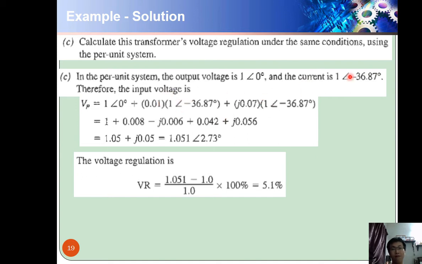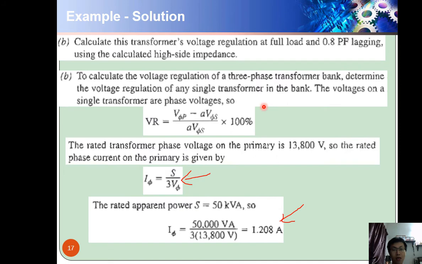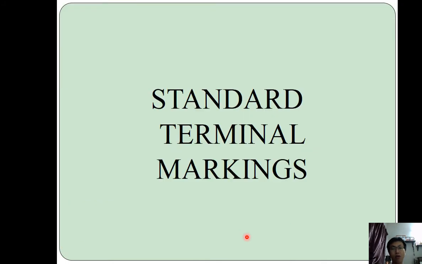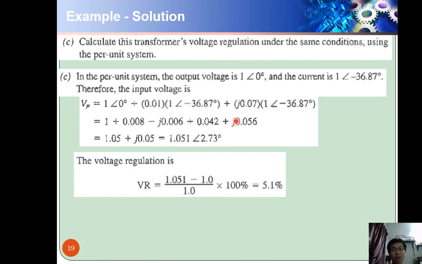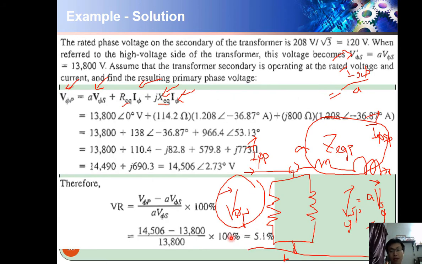Then the current also 1, because we use base, you see this one calculated, but our base unit is also 1.208, so it becomes 1. Then put inside. So this is full load, this is no load. So 1.051 minus 1 becomes 5.1%, which is the same as this one.